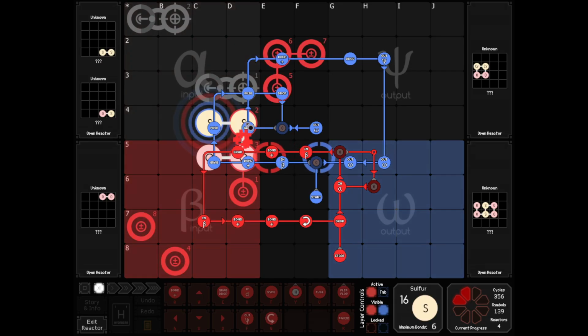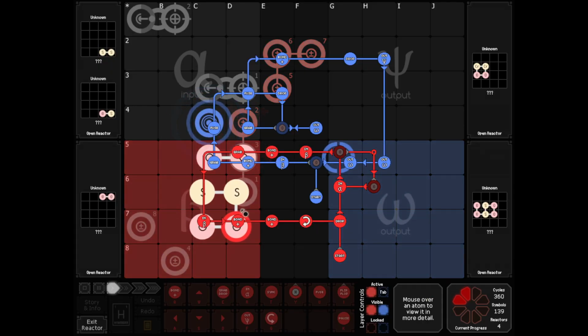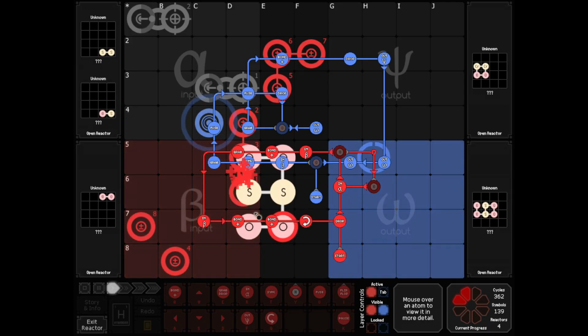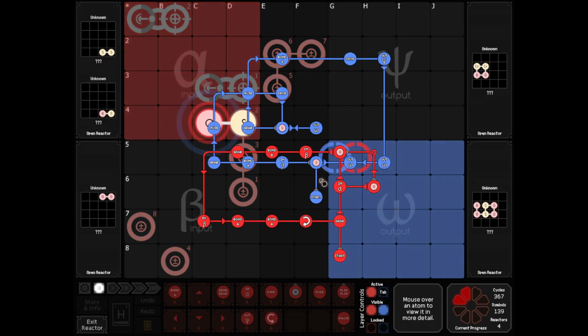And the red Waldo bonds the 2 sulfurs that it detected to the oxygen and brings them down here, adds even more oxygen, and outputs that right here.